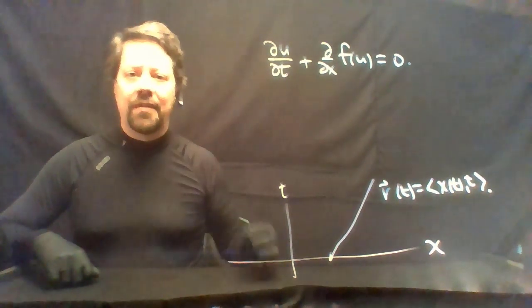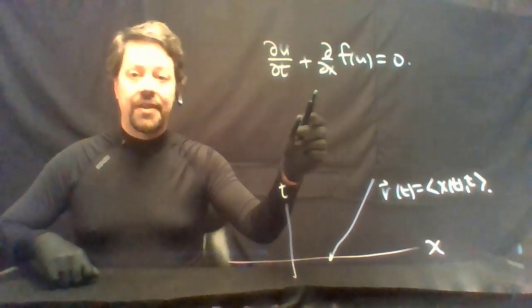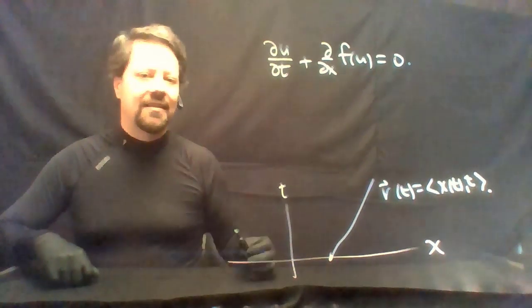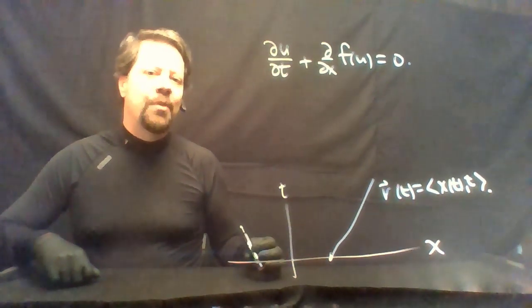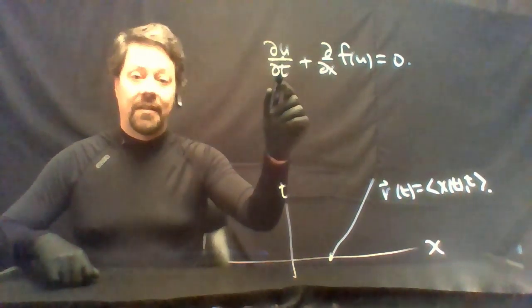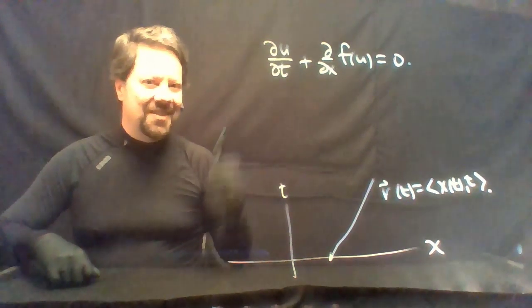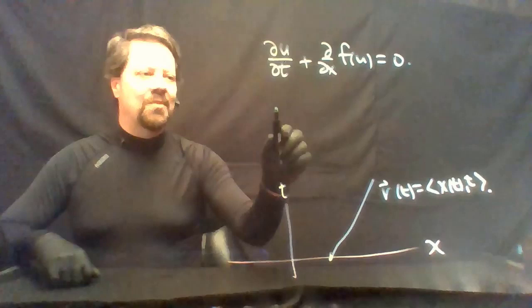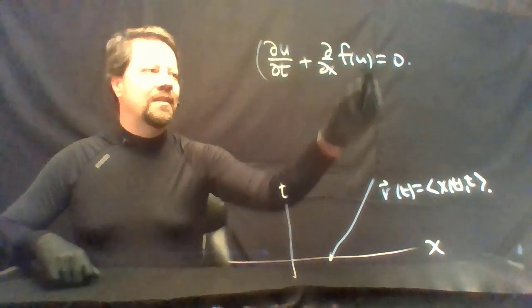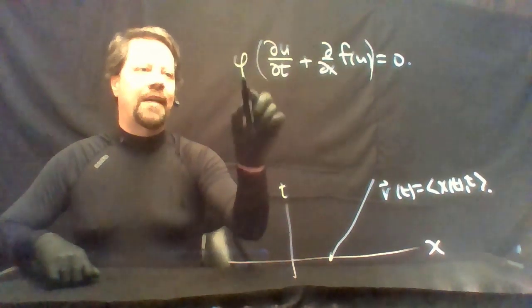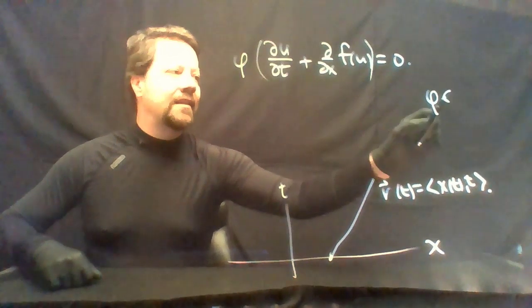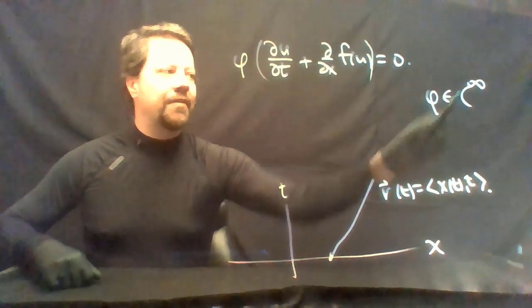To try to find a formulation of conservation, which is represented by this equation, we need to find some way of moving derivatives off of these variables that have discontinuities. So here's a plan. Let's multiply this function through by some function phi, and we'll assume that phi is infinitely differentiable.